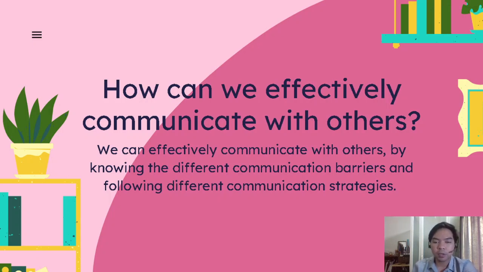Why is it important for us to know this? Because when you understand the barriers stopping us from communicating effectively, then we can follow the strategies that can help us go through or around those barriers, so that nothing stops us from communicating effectively with other people.